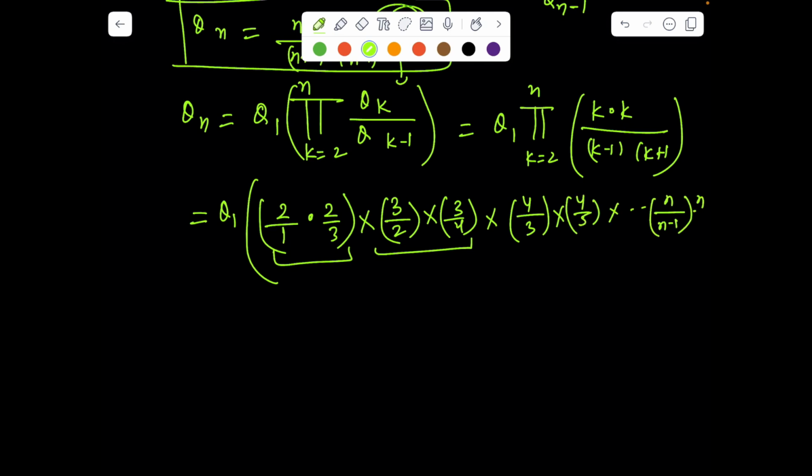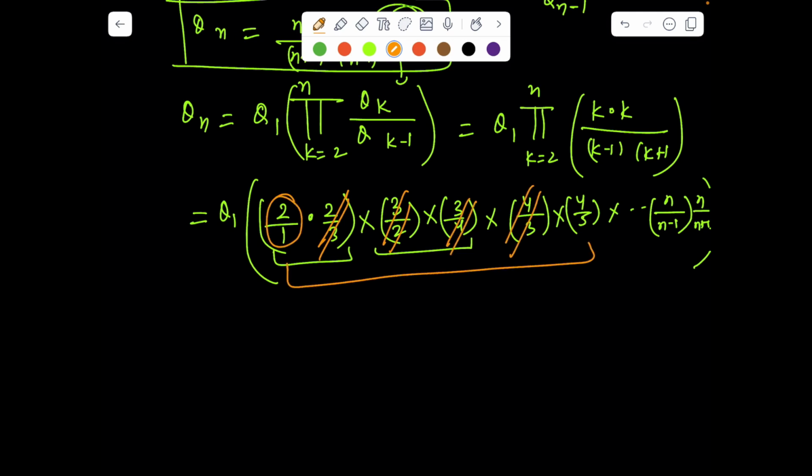So we'll have n/(n-1) times n/(n+1). And we can easily see the cancellation because 2/3 is killing 3/2, 3/4 is killing 4/3. So everything will get killed, and the last of our n/(n+1) and 2/1 will remain, which gives Q1 times 2n/(n+1).